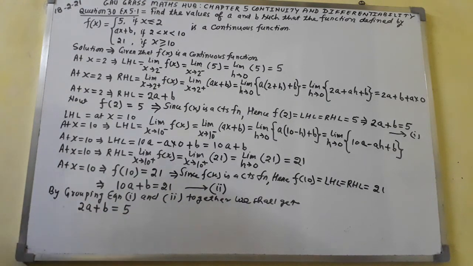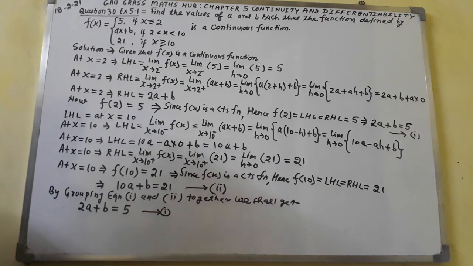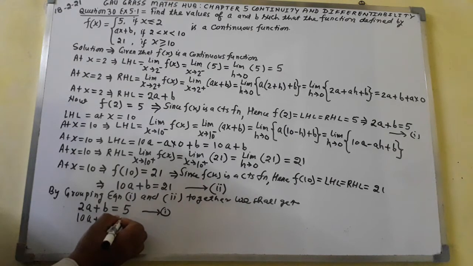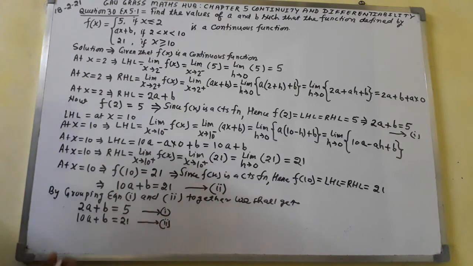This is equation number 1. And equation number 2 is 10a plus b equal to 21.